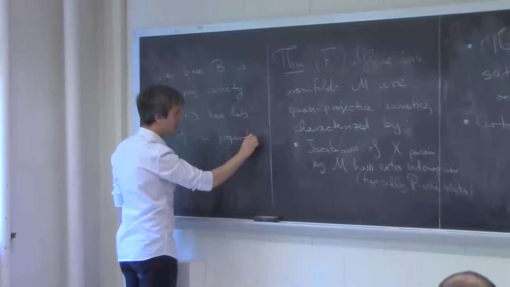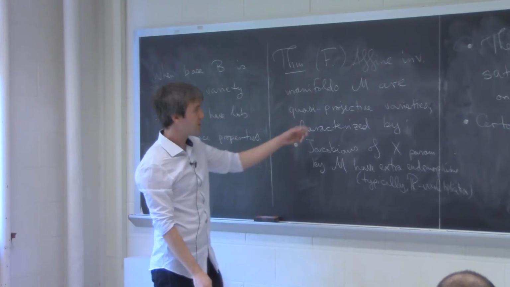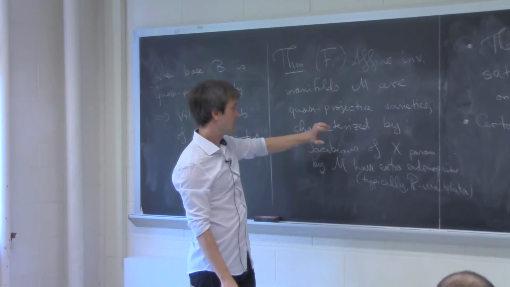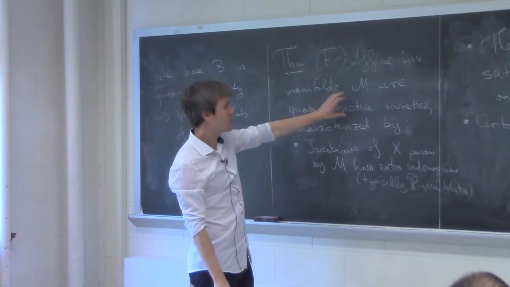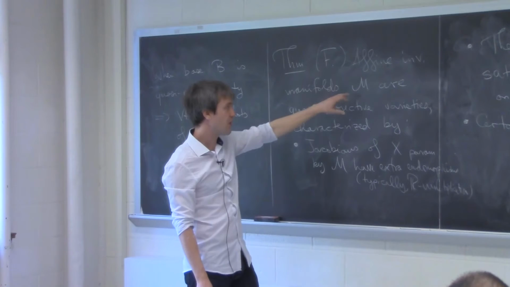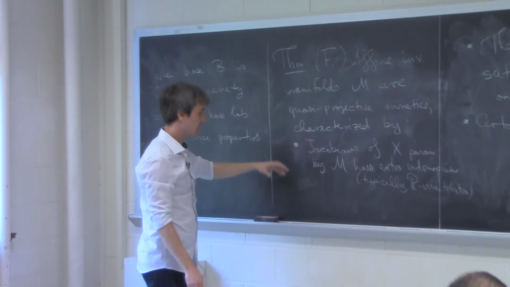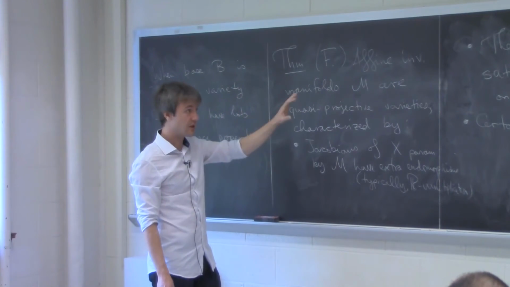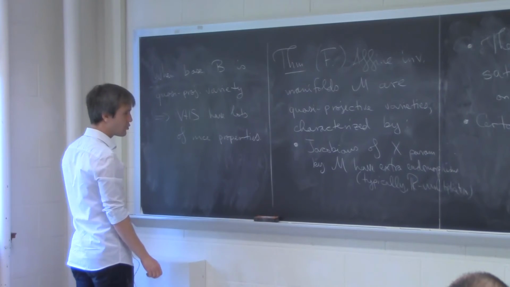But in our case, when you start with an affine manifold, if you want to prove this theorem, you don't know a priori that it's quasi-projective, so you cannot apply all of these theorems to deduce these properties. So you have to work backwards.